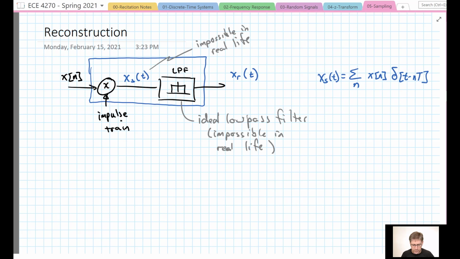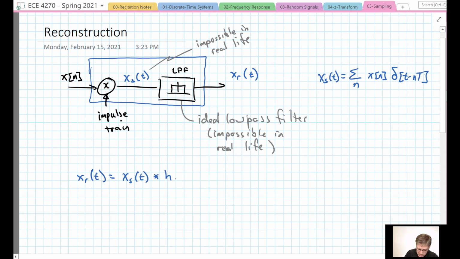So, given that, let's see what XR is actually going to look like. XR of t is going to be the convolution of xs of t with the low-pass filter. This is continuous time convolution, but the same properties of convolution still hold.